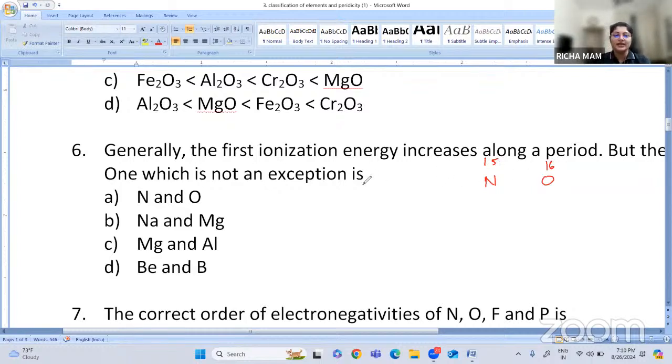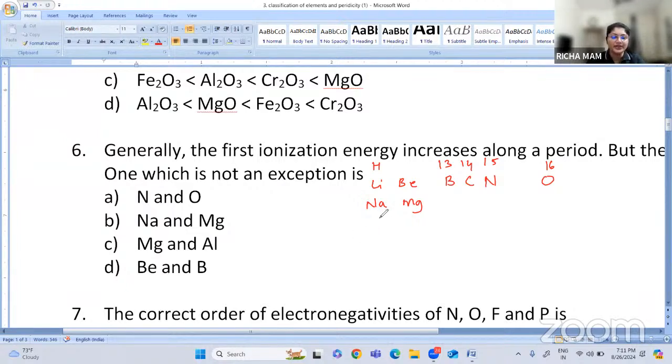Then sodium and magnesium, beryllium. Hydrogen comes first, then lithium, beryllium, then sodium, magnesium. In the same row up here will be your nitrogen and oxygen, and boron beside group 13. So this is 13, then comes 14, 15 and 16, so carbon, nitrogen comes. So this is the placement.